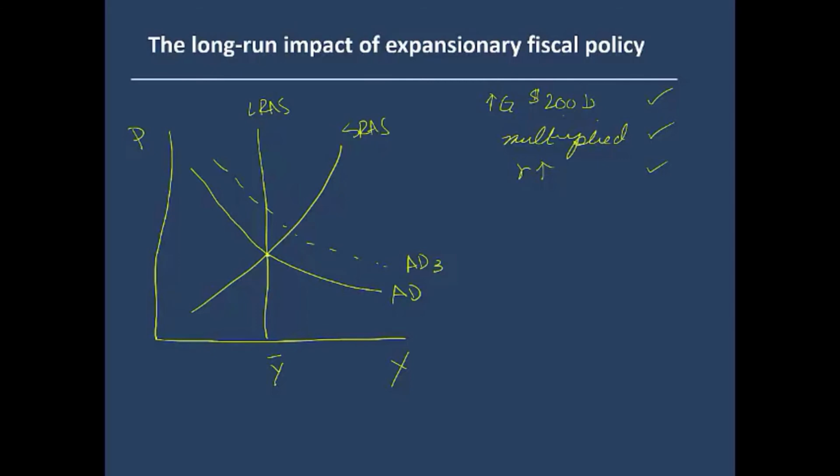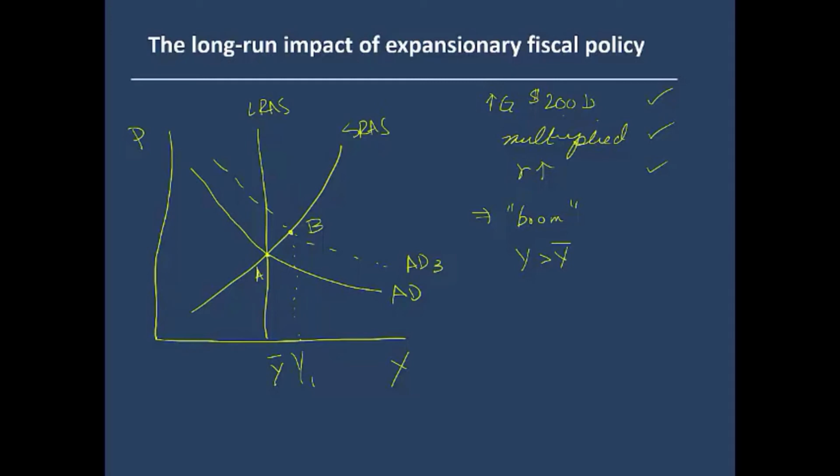So we started off here at point A, and in the short run, we move to point B. So this increase in government spending, when we start off at potential, generates a boom, just the jargon, an economic boom, right? We are going above potential output.